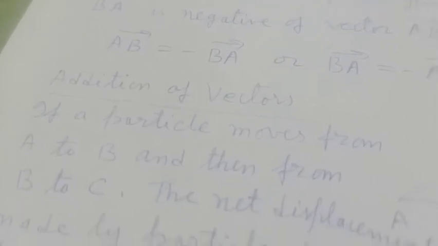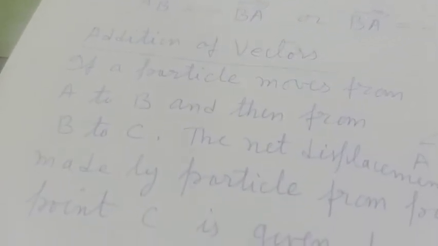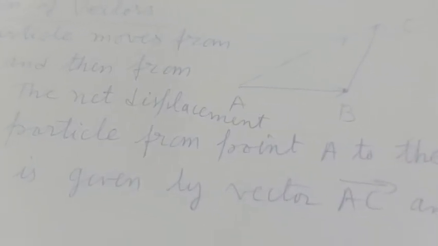Then we have addition of vectors. If a particle moves from A to B and then from B to C, as in this figure, then the net displacement made by the particle from point A to point C is given by vector AC.